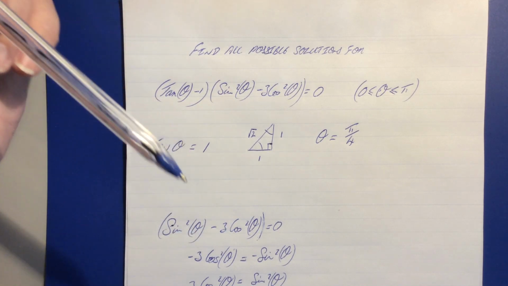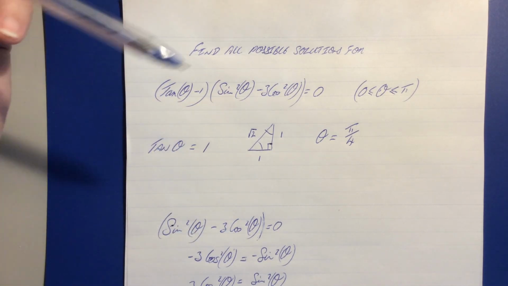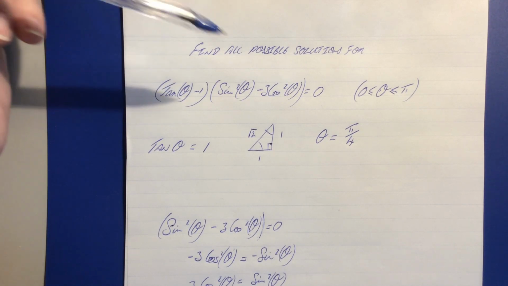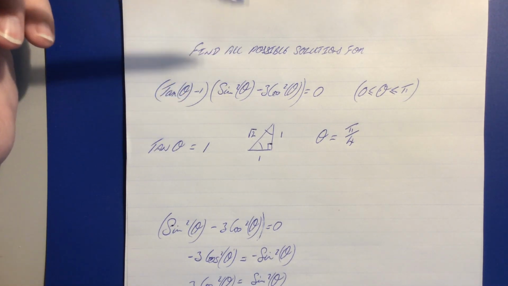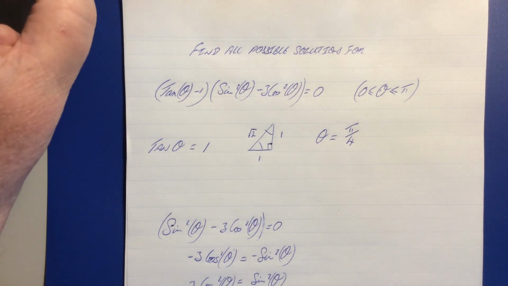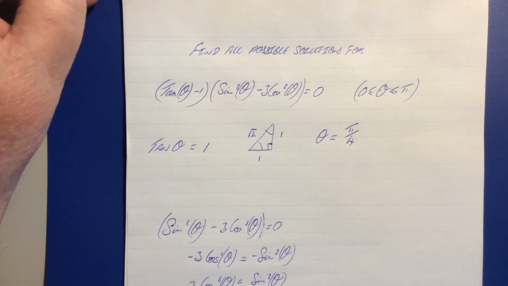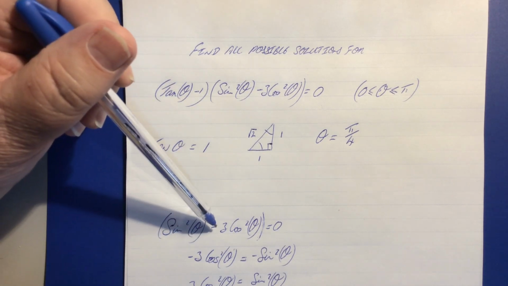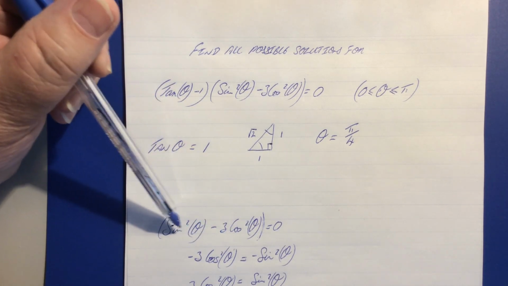And the tangent of theta, the tangent of an angle, is equal to the sine over the cosine. So let's see what we can do about that with this.